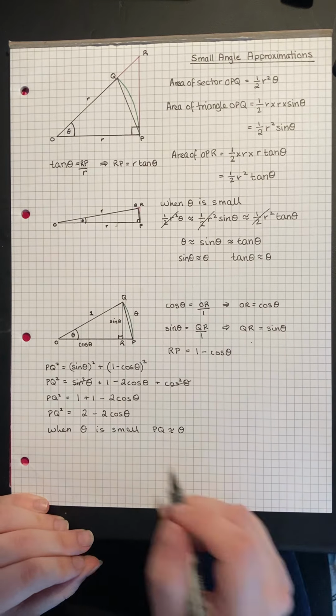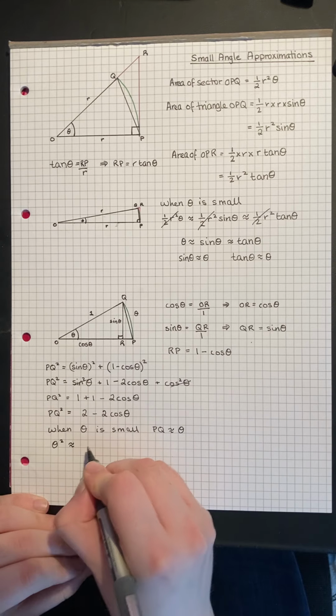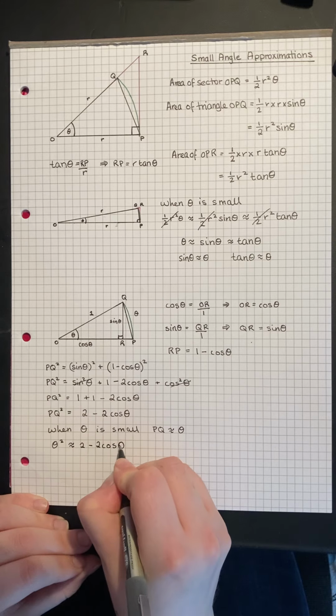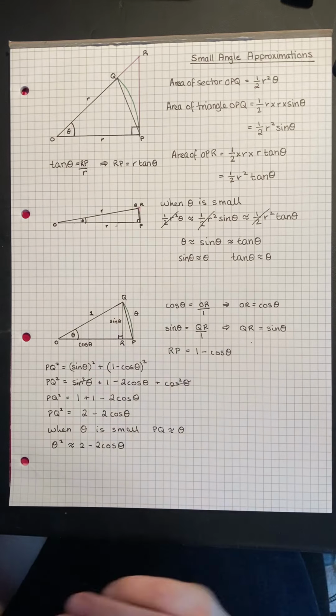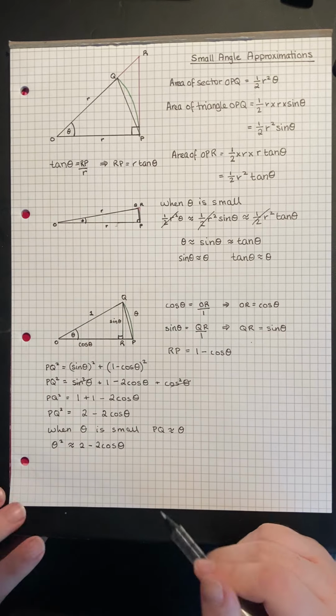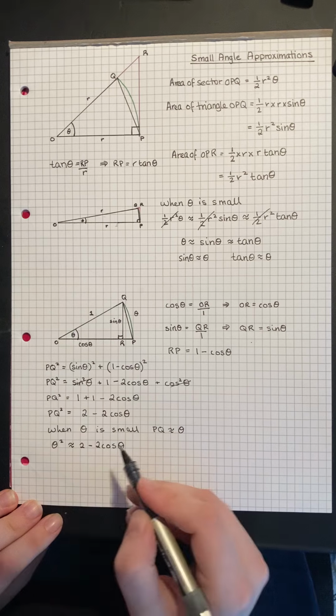So going back to this, we can say theta squared is approximately equal to 2 minus 2 cos theta. Now what we were looking for here is something similar to what we have up here, but for cos. So what we want to do is make cos theta the subject of this equation. So let's add 2 cos theta to both sides.